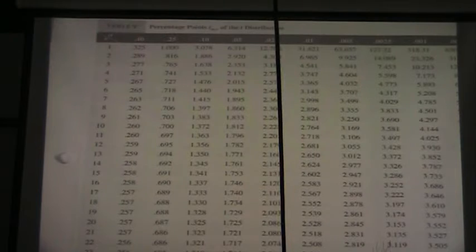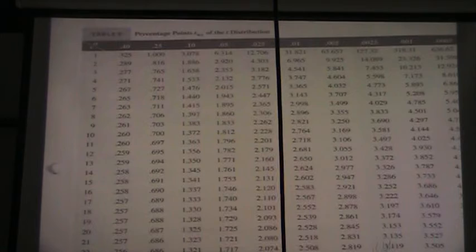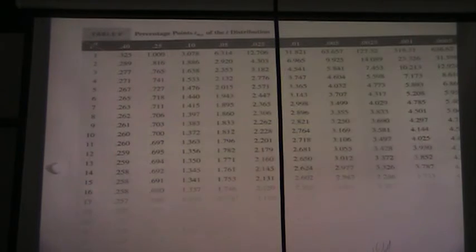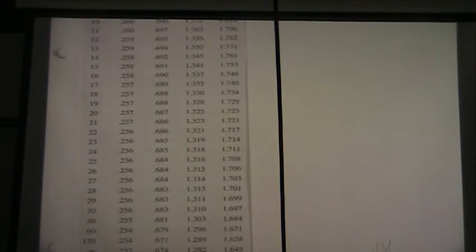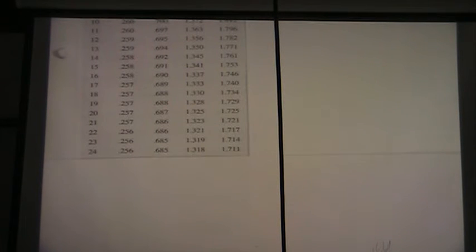All right, so I've got my table here. I take my pieces of paper and I put one by the 0.05 column. Now I have to go down a little bit so that I can get to my n minus 1 equals 24.